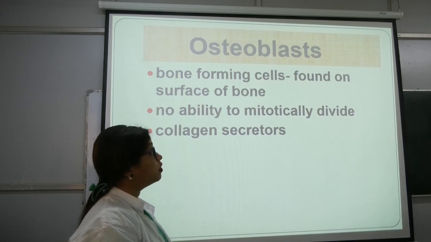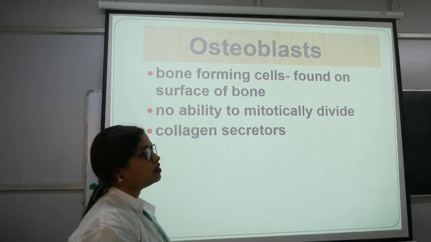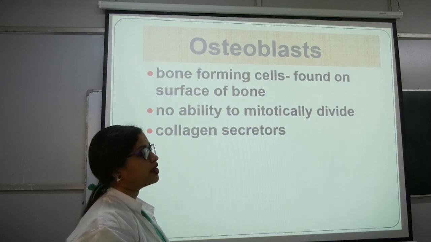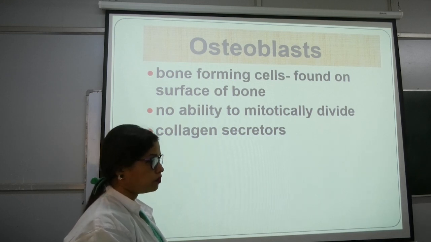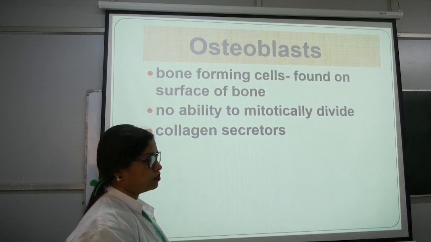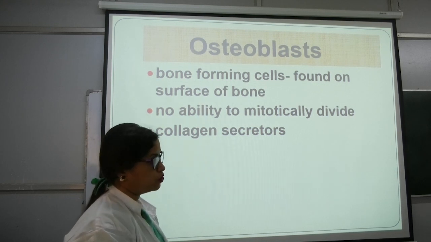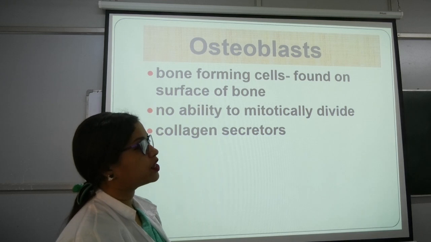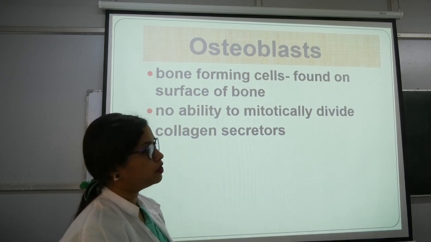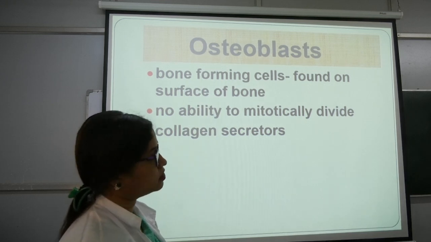If osteoblasts kept dividing again and again, they would increase in number, and there would be bone cancer.